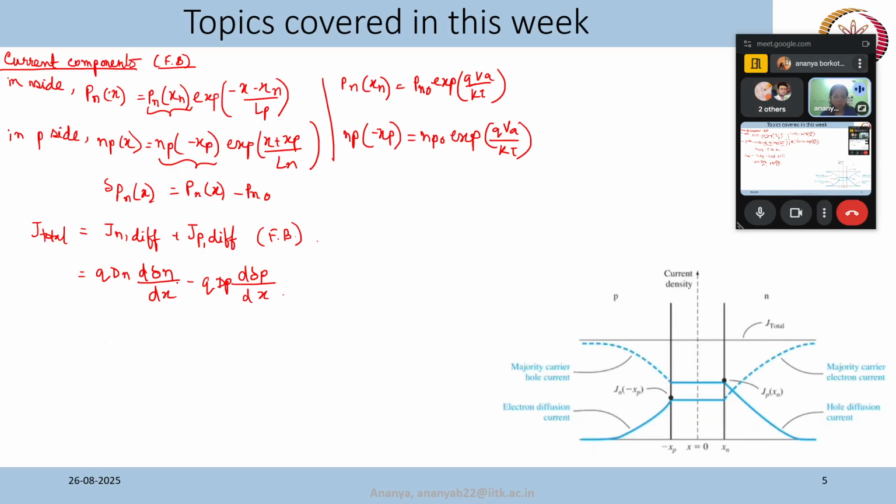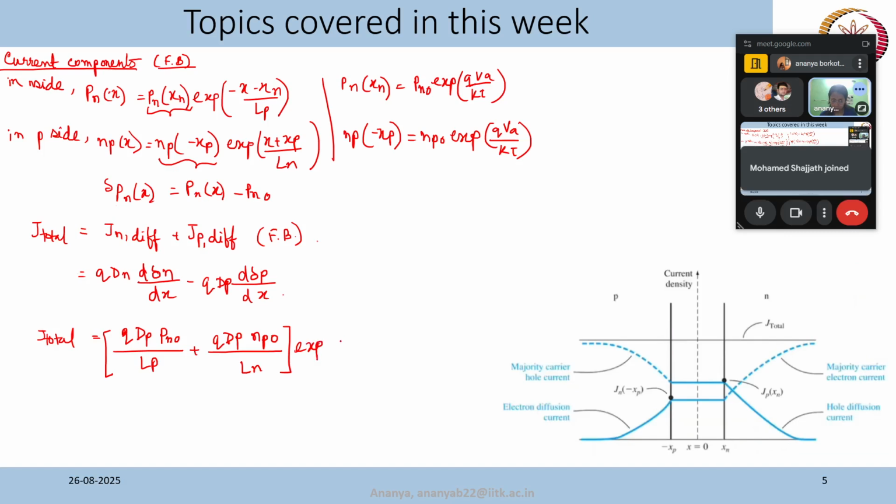If we do this derivation, finally what we will get is q Dp pn0 by Lp plus q Dn np0 by Ln.